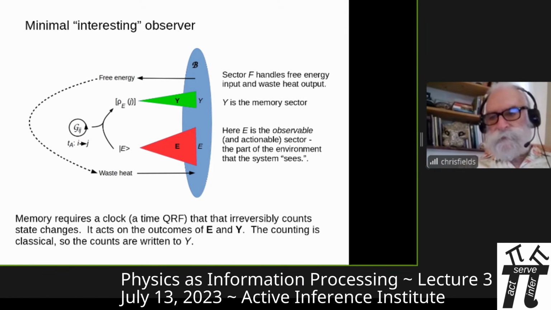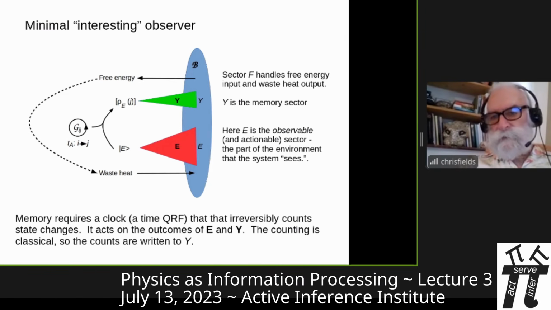And it defines a sector of the boundary, which mathematically is just the image of this QRF-E, that the system can manipulate. So this is the part of the environment or the part of the boundary that the system actually sees and can do something about.